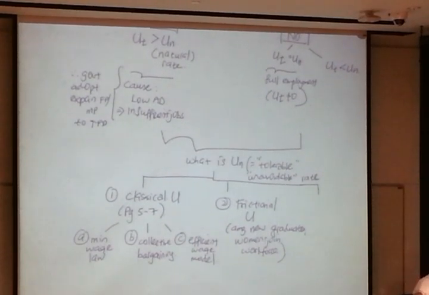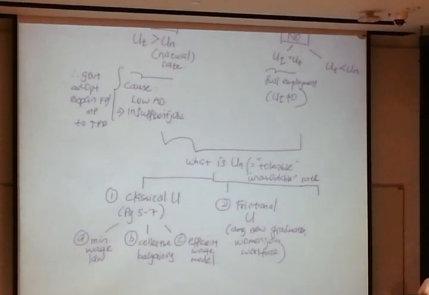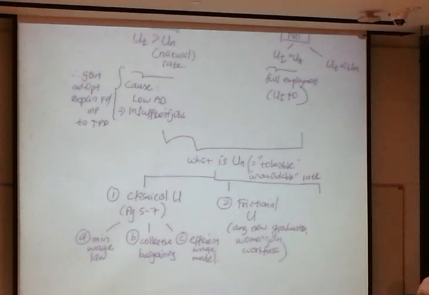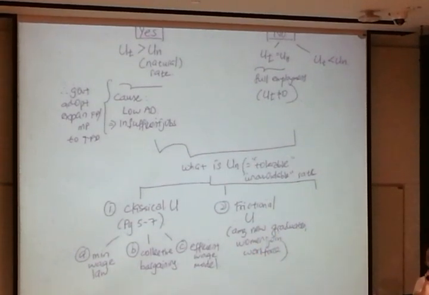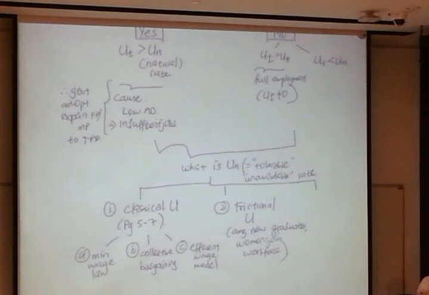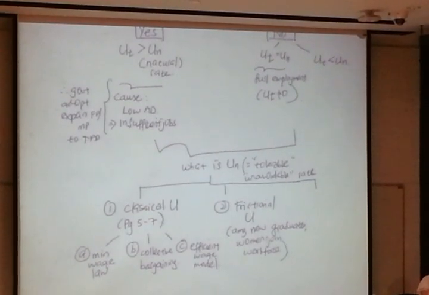Frictional unemployment is always about the time taken to find jobs. There's a mismatch of information. The graduates and the women join the workforce, but they do not have sufficient information to know where the jobs are. So they take a long time to search for jobs, and they are out of jobs for certain periods.